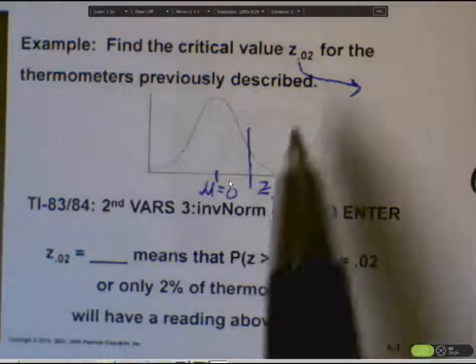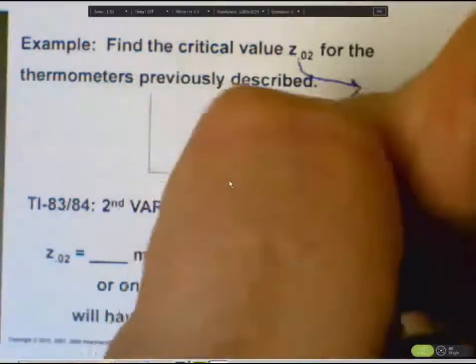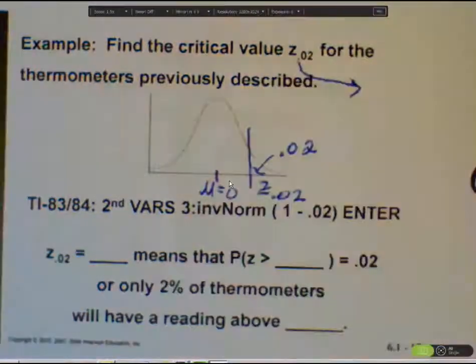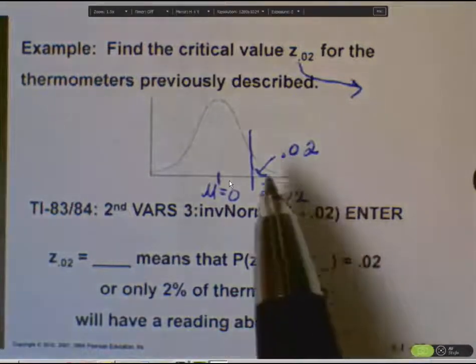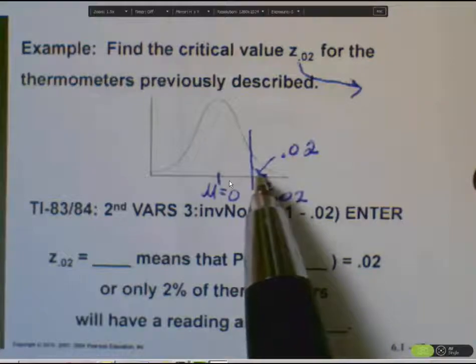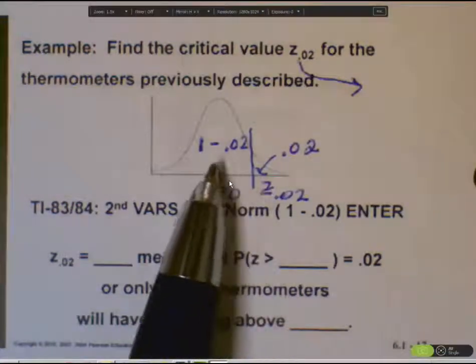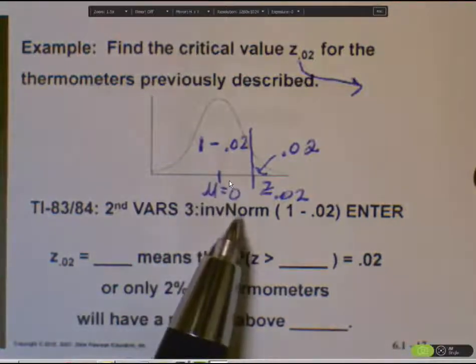But again, the definition of this notation, this z sub 0.02, is that 0.02 is the area to the right of the z-score that I'm looking for, and that's not what I can enter in the inverse norm. If you give me the area to the right, I'm going to have to subtract to get the area on the left, and that's what I'll enter in inverse norm.